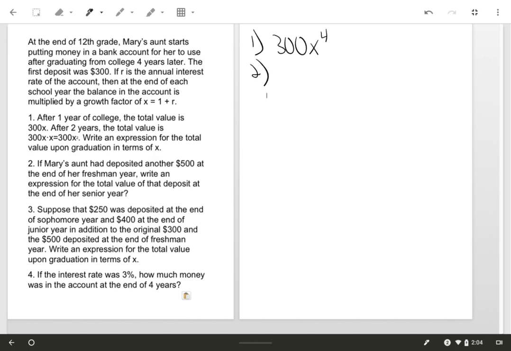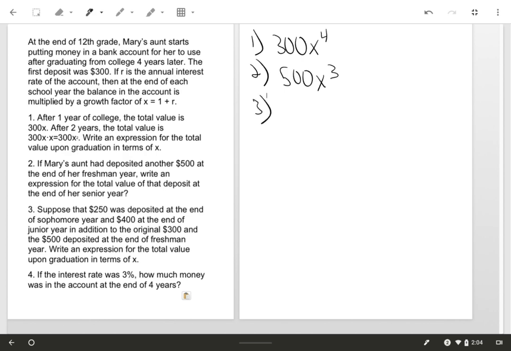So if she deposits another $500 at the end of freshman year, that means that $500 is going to collect interest for only 3 years this time. So that total would be 500x cubed, 500x to the power of 3. $500 investment, but it's only collecting interest for 3 years.